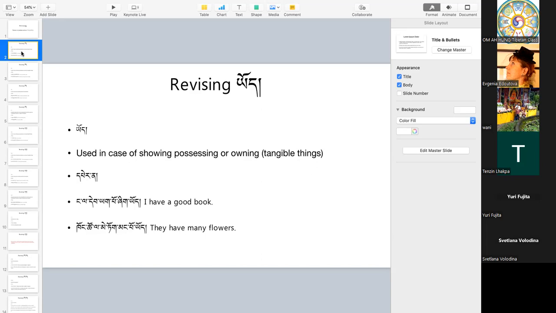These particles, even though they're not in the 30, are in the gender signs as a type of verbs. So more than particles, these are more like verbs.